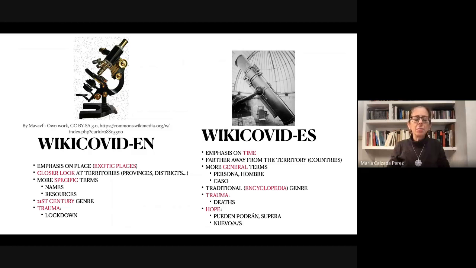WikiCovid EN shows that Wikipedia in English is a 21st century genre associated to electronic means of communication, whereas WikiCovid ES is related to a more traditional type of encyclopedia.